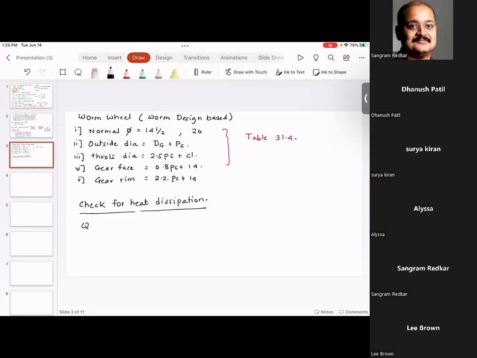Q loss is equal to 1 minus efficiency times the power that is transmitted, and that we have to equate to H times A times delta T, where H is the coefficient of heat transfer, A is the area and delta T is change in temperature.